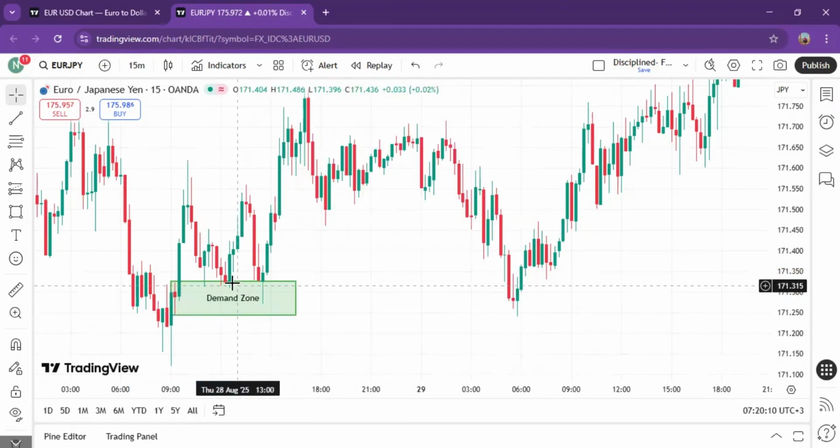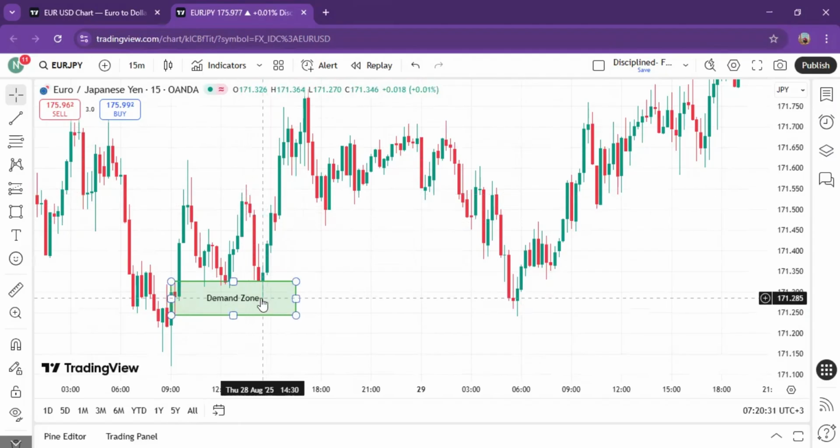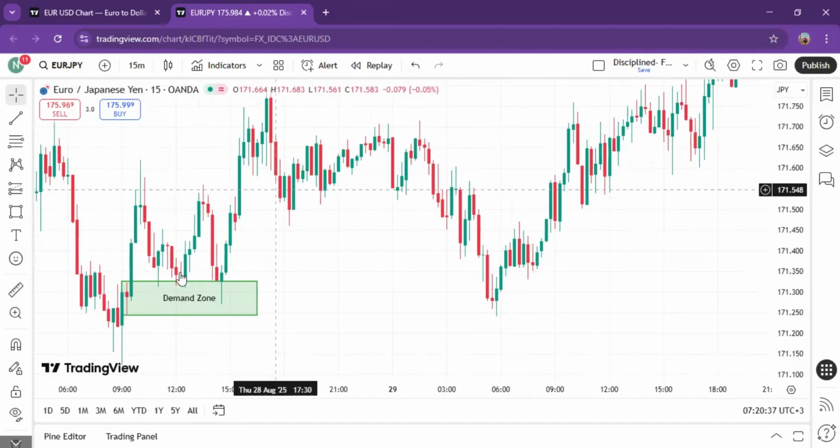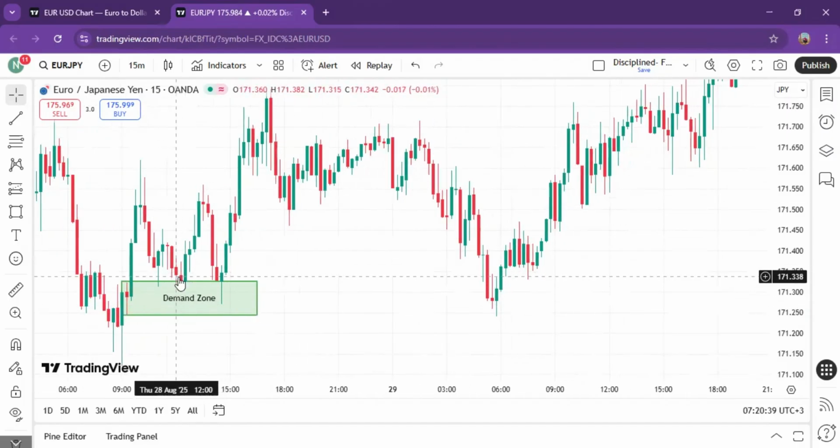At that point, then the first time the market mitigates this zone, then continues to push upwards. So you find that people are going to place their orders some few pips below here. Then the market continues with the same direction, and they are happy that the market is going on their side. Then eventually the market comes, takes out the liquidity, then continues moving upwards after it has taken out liquidity below here.